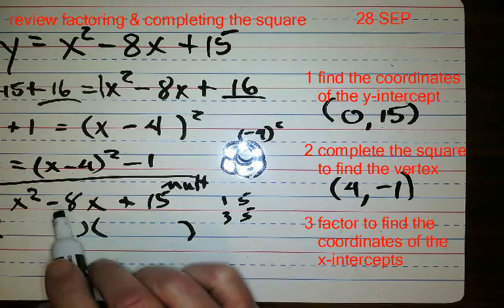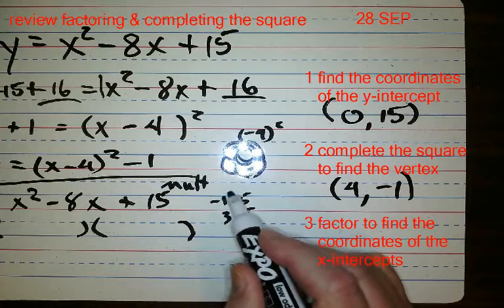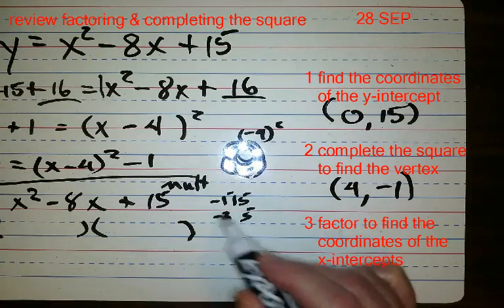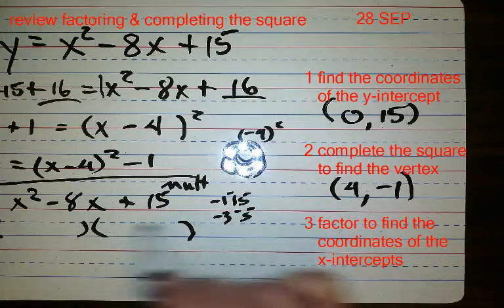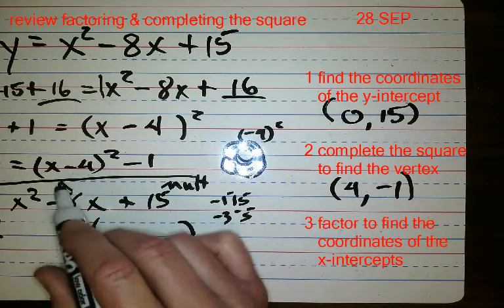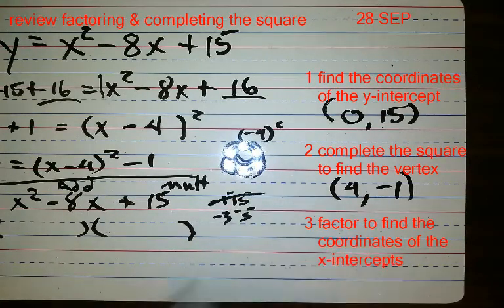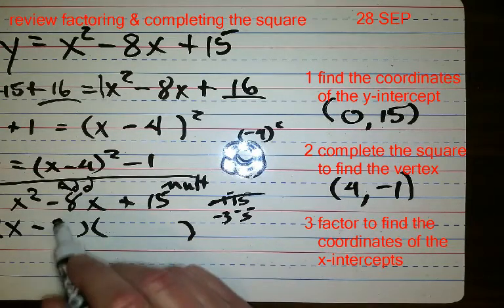Oh, they have to add up to be negative numbers. Whoops. So that means negative times negative is positive 15. But they have to add up to be this. Well, these guys add up to be 16. That doesn't work. These guys add up to be 8. So, yay! We did it!